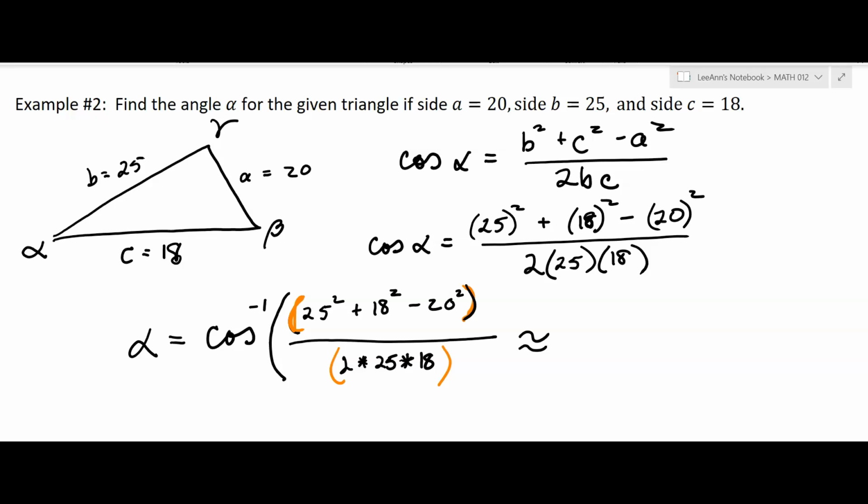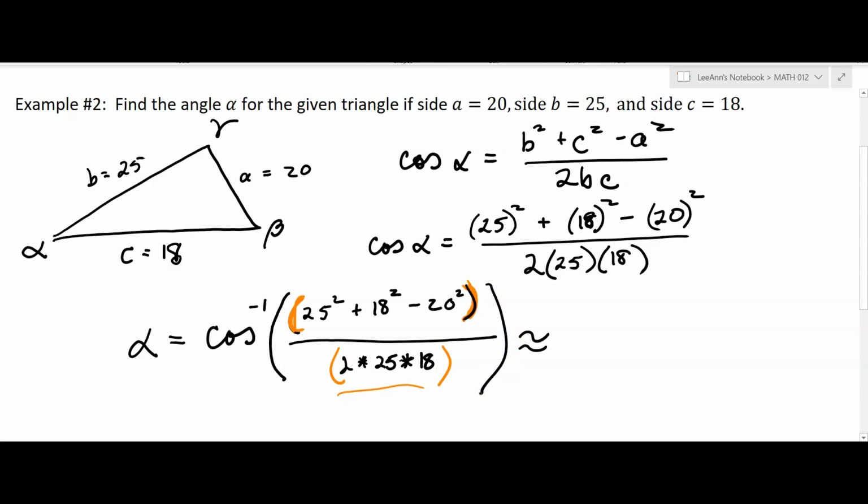I've got to close that off. If I don't, there will be problems. Okay, divided by, open another parenthesis. Now it'll be 2 times 25 times 18. Close. That closes off the denominator. Close again for the whole inverse cosine thing.